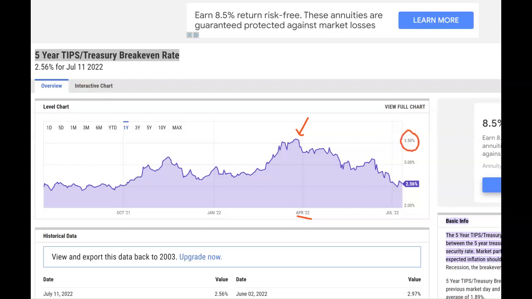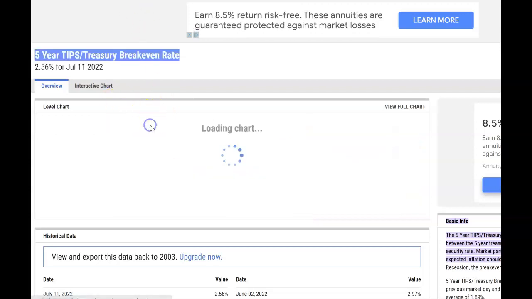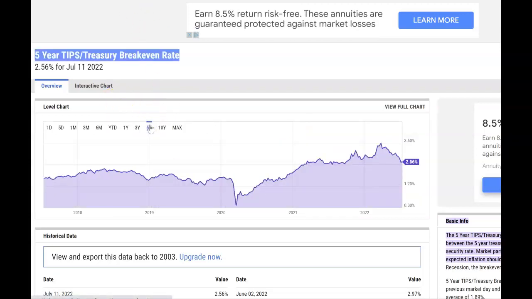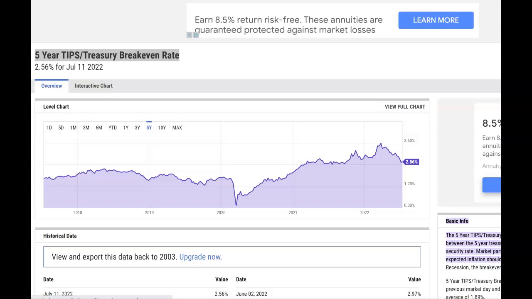Now, again, that's high compared to, let's go back 5 years. Let me just change this. Let's go 5 years. You could see that was a high, but it's nowhere near the actual inflation rate. Think about it. We had a 9.1% inflation rate in June.